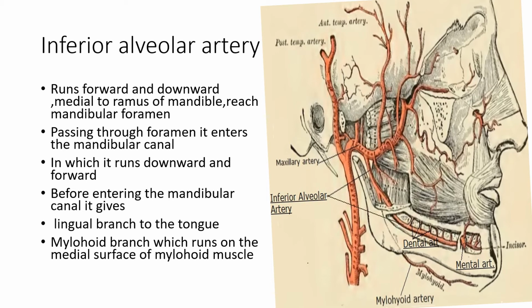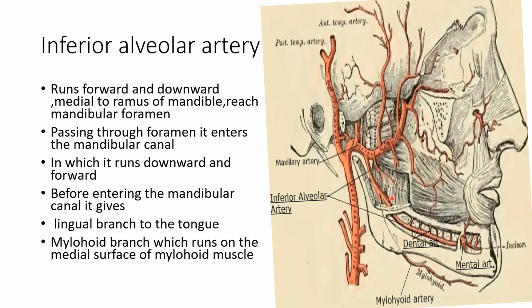So let's discuss the inferior alveolar artery. It is also a branch of the first part of the maxillary artery. This picture clearly shows the inferior alveolar artery, and here it enters the mandible through a foramen.